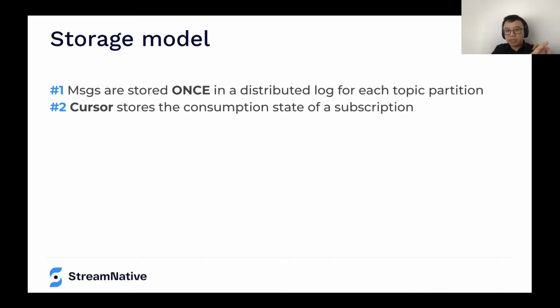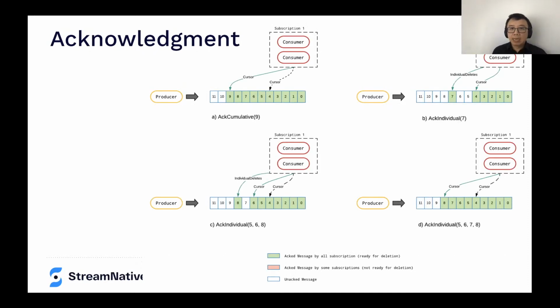The Kafka offset can tell what messages are consumed and what messages are not consumed. But Pulsar is a bit different from Kafka. The cursor itself is not just a simple offset. It's actually beyond an offset. It's comprised of a more comprehensive consumption state.